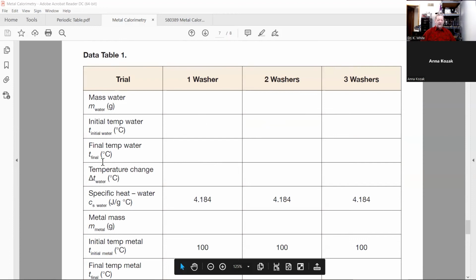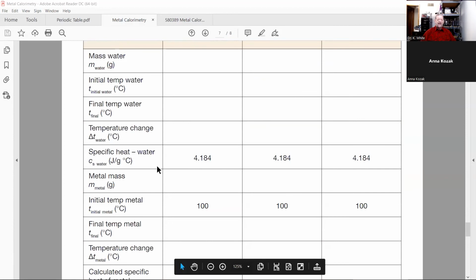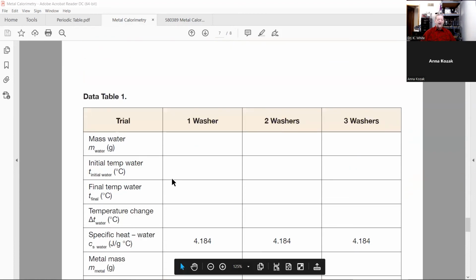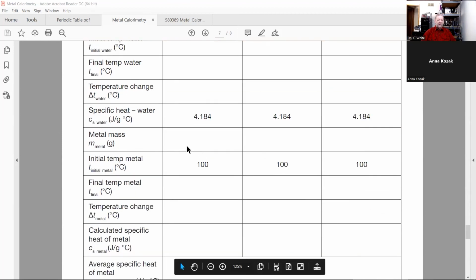Delta T water is final minus initial. And here's the specific heat of water. Now, here's the mass of the water you weighed with the cup each time you do a run. Then each ring, you should do 1, 2, 3, weigh them.